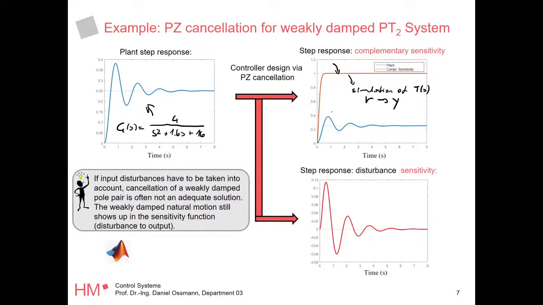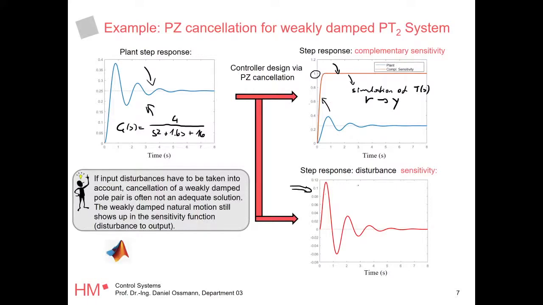And you definitely could say, okay, this is kind of an improvement, right? The blue one here is exactly the same as this one. We have achieved steady state accuracy, it goes to 1, and we have damped the system, and it's much faster. So what's the point to complain about? Well, the point is here.